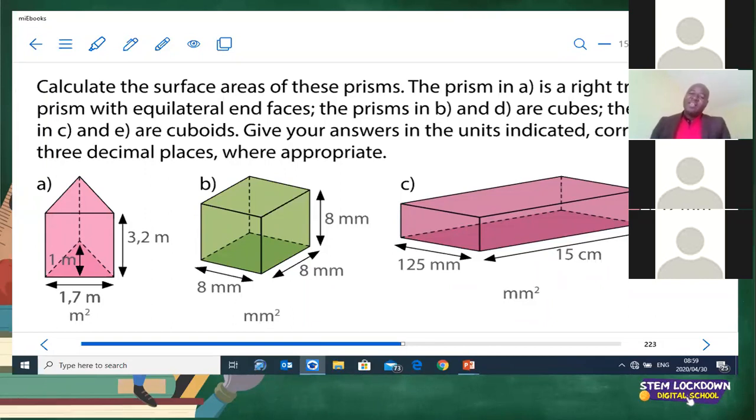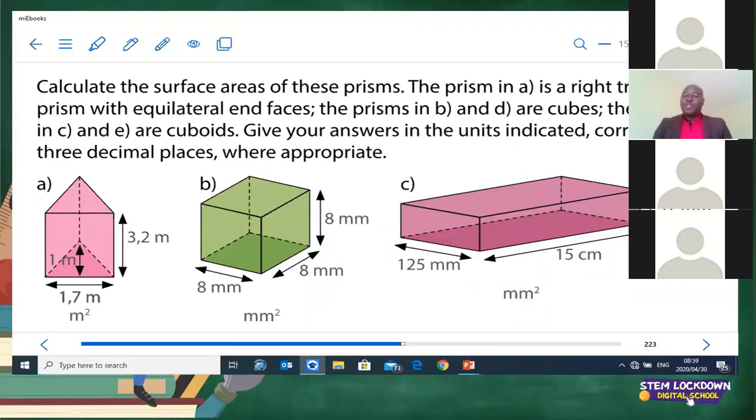In other words, you will divide 125 by 10 in order to get 12,5 centimeters there. And you'll divide 32 by 10 in order to get 3,2 centimeters. And alternatively, like I said, you can convert to millimeters.